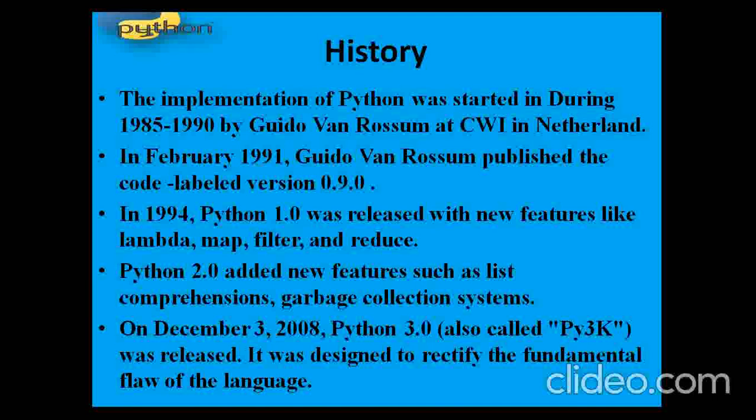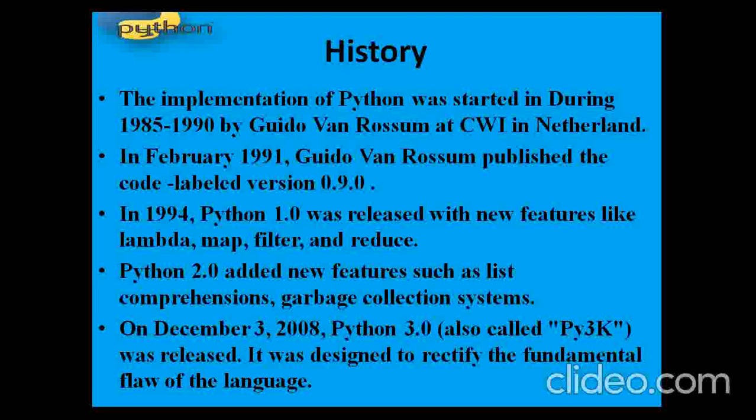The implementation of Python was started during 1985 to 1990 by Guido van Rossum in the Netherlands. In February 1991, Guido van Rossum published the code labeled version 0.9.0. In 1994, Python 1.0 was released with new features including the libraries lambda, map, filter, and reduce.